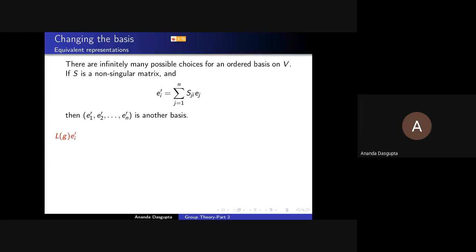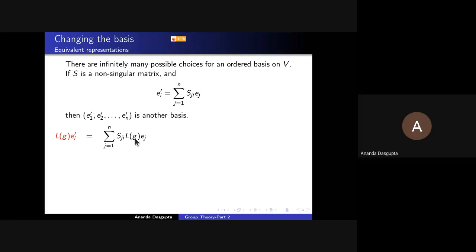Now, if you change the basis, of course the matrix will change. Because now your L(G) will have to act not on the E1, E2, E3, but on E1 prime, E2 prime, E3 prime. So let's apply L(G) on E_i prime. What will happen is, since E_i prime is this, S_ji E_j, and the S_ji are just numbers, the E_j, remember, are the vectors. So the linear operators will simply ignore the S_ji, they will just jump across the numbers and go and hit the vectors.